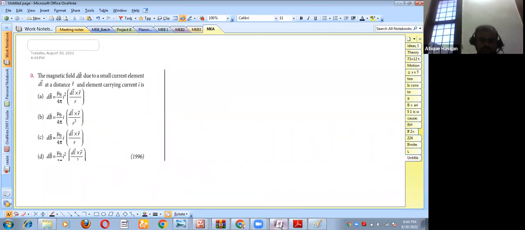So what is the answer? Very easy. Basically, this is R square and this is 4 pi.